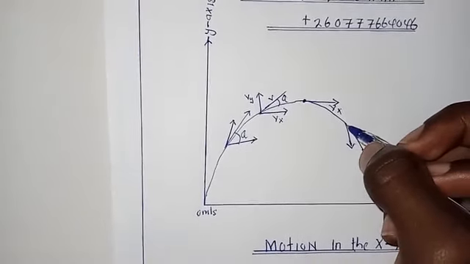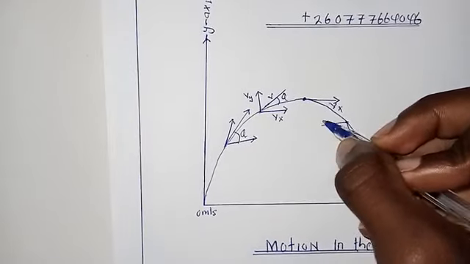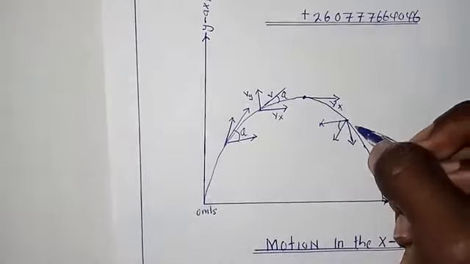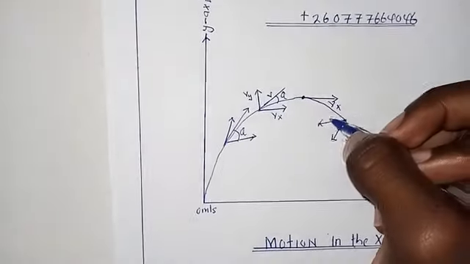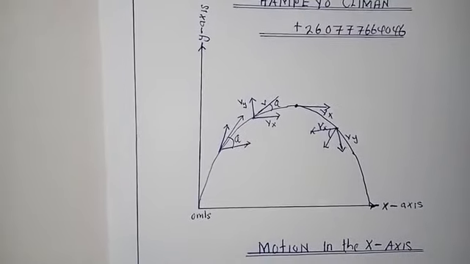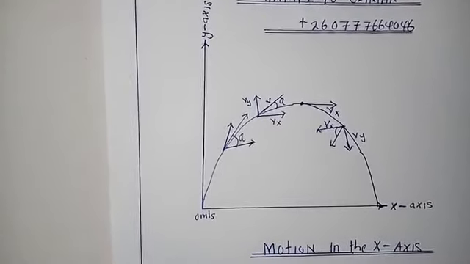But when you reach here, the motion continues. You're going to have something like this with an angle. This is your vy, this is your vx. So this is the motion that a stone is going to take.